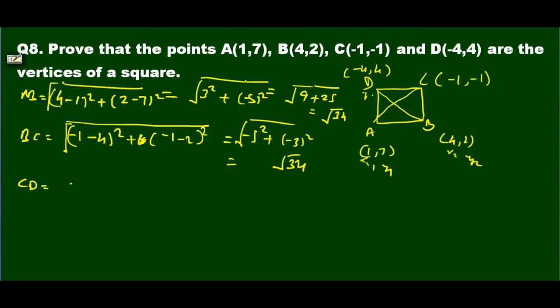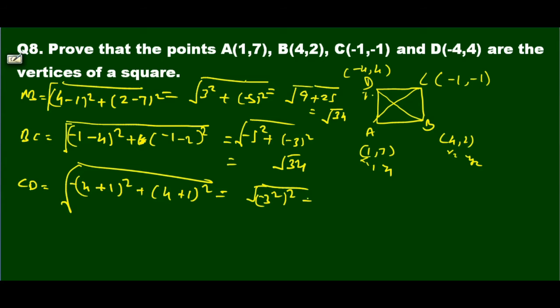CD equals (-4 plus 1) square plus (4 plus 1) square, clear? So this will become 3 square plus 5 square. So this will become root 34.